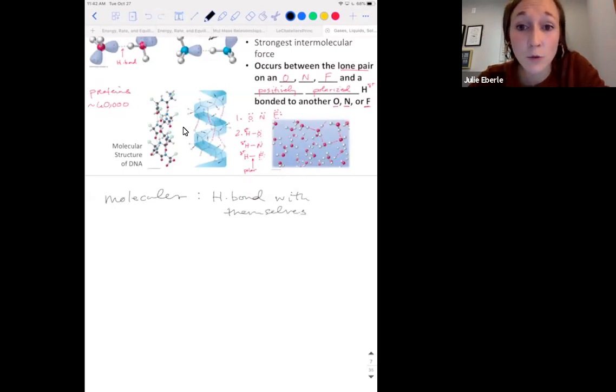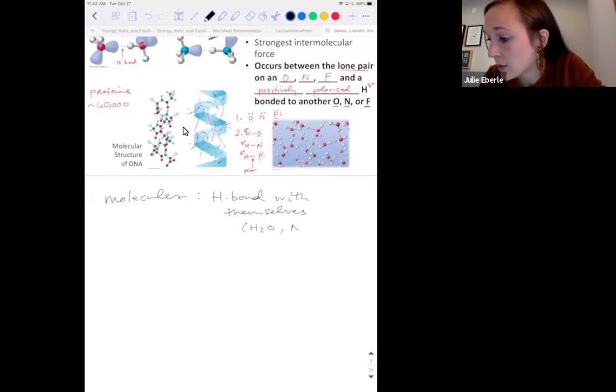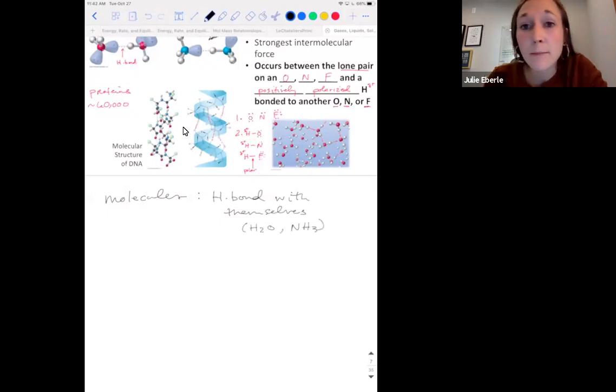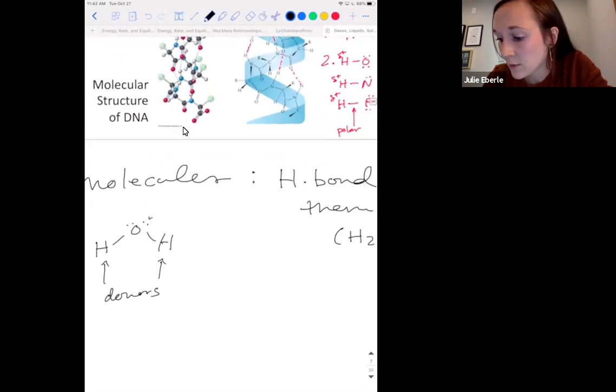We just looked at 2 examples. Water and ammonia are 2 molecules because in one individual molecule, if I draw water, HOH, it has both a donor and an acceptor. These hydrogens can be donors, and the lone pairs on the oxygen, these are the acceptors.